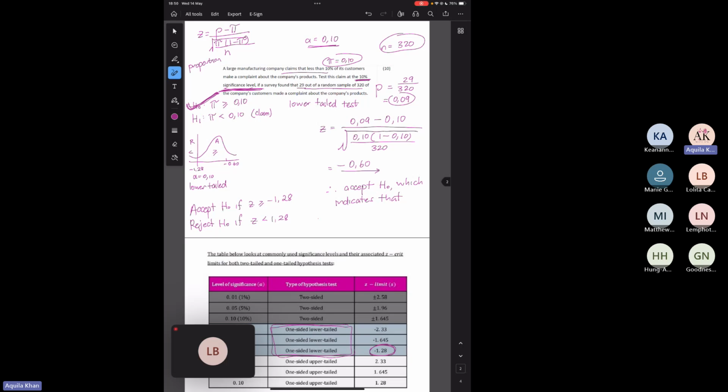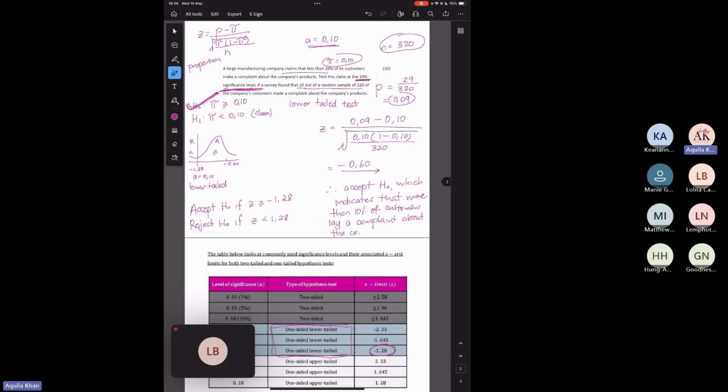So you can say which indicates that more than 10% of customers lay a complaint about the company.